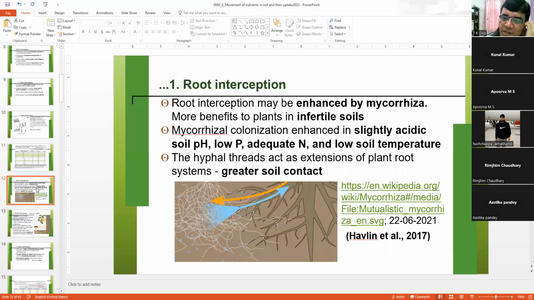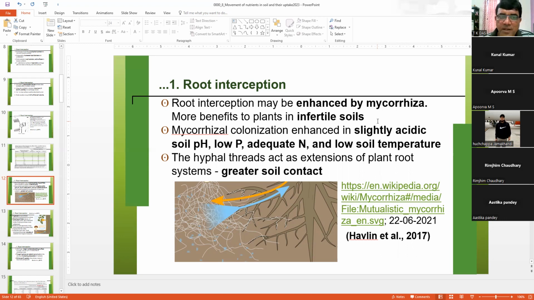Now you see, root interception continues. Root interception may be enhanced by mycorrhiza. So mycorrhiza are very, very important in nutrient mobilization as well as nutrient uptake, with more benefits to the plant particularly in infertile soils where nutrient content is low.